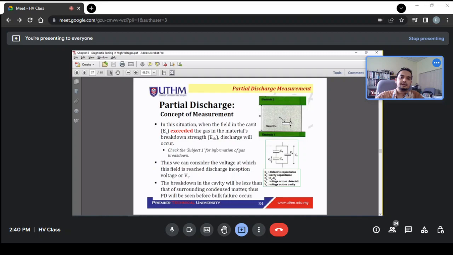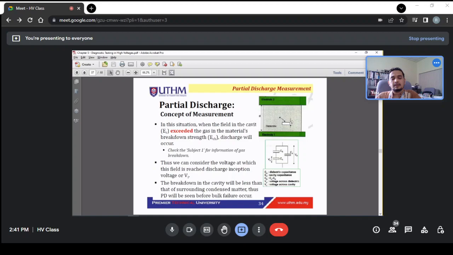What will happen if the partial discharge starts to occur? Due to the heat from the discharge, that may deteriorate the dielectric material here, and it will generate byproduct gas within the void, and it will cause damage internally to the materials.